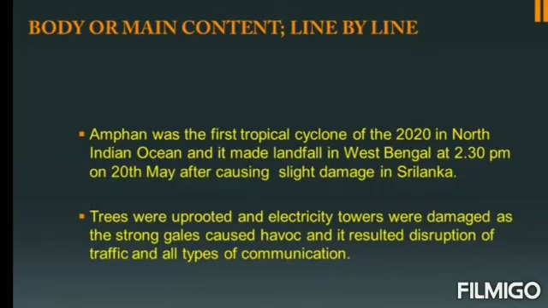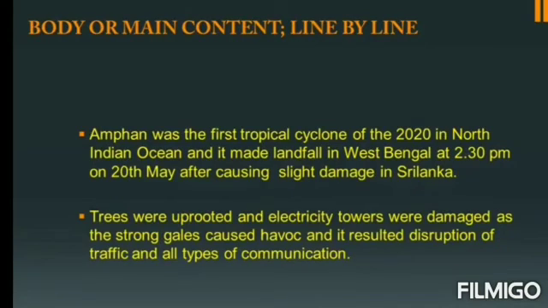now you have to develop the points, and also write down how it occurred and what the effect of that event was. So let's see. Amphan was the first tropical cyclone of 2020 in the North Indian Ocean, and it made landfall in West Bengal at 2:30 p.m. on 20th May after causing slight damage in Sri Lanka.